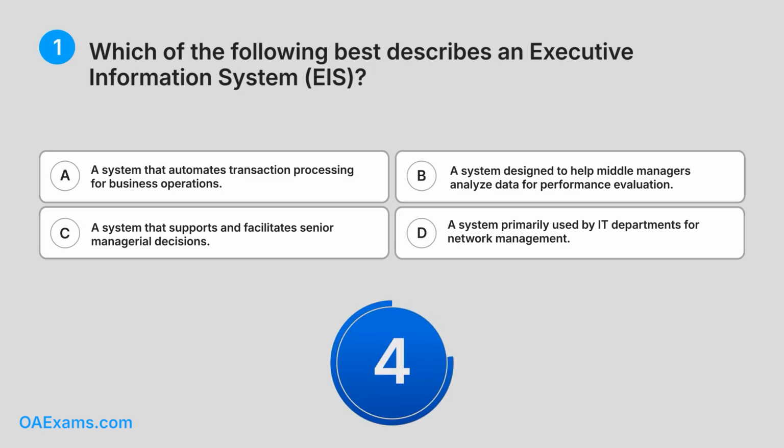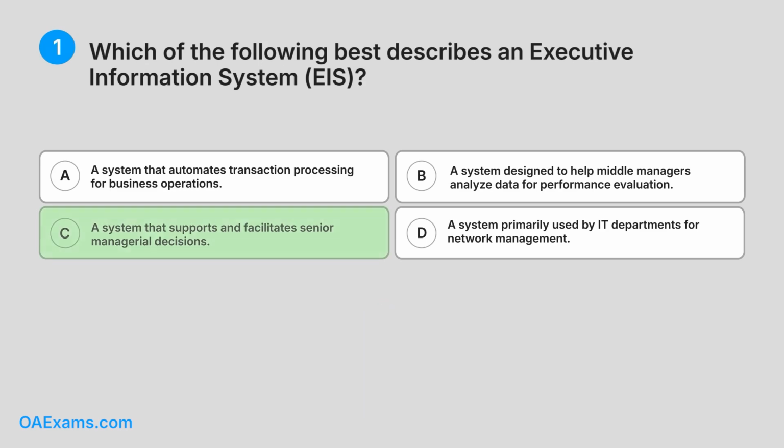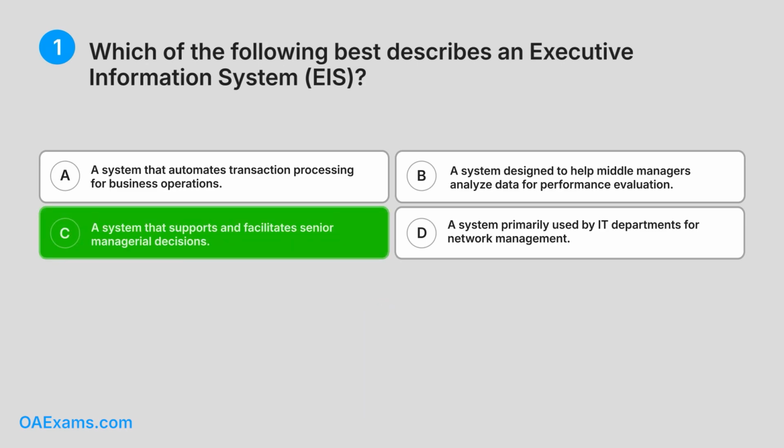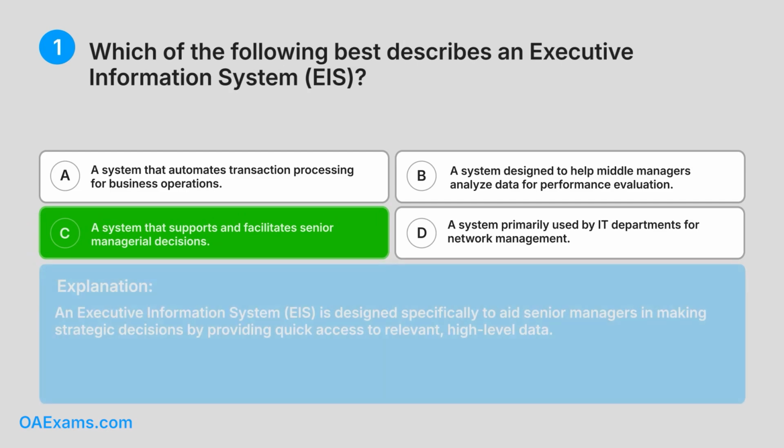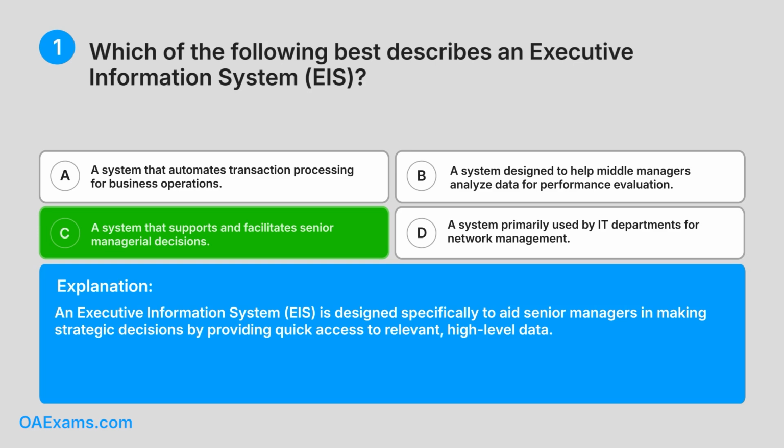Can you guess the answer? Correct answer. C. A system that supports and facilitates senior managerial decisions. Explanation. An Executive Information System, EIS, is designed specifically to aid senior managers in making strategic decisions by providing quick access to relevant high-level data.